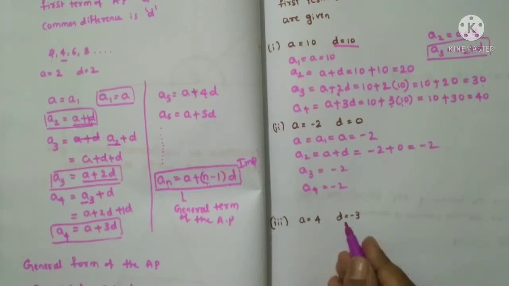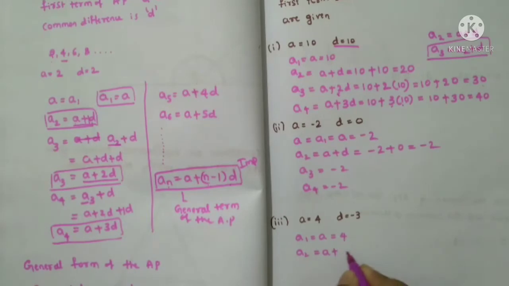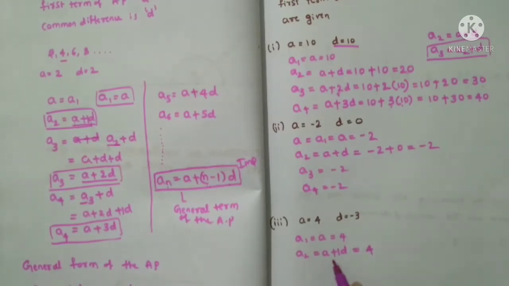A equal to 4 and D equal to -3. Observe here, minus is there. So A1 is equal to A, which is 4. Then A2 is equal to A plus D, A plus 1D. A is 4. Plus 1 into D, and D is -3.